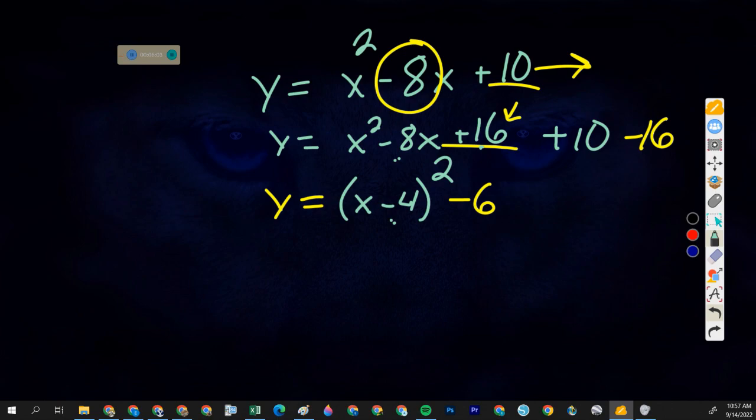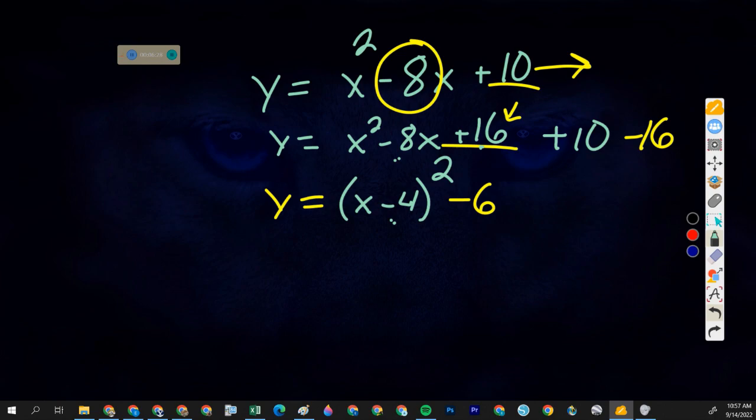And I did that using what is called completing the square. I forced it to be a perfect square and then just adapted that constant on the other side. So where is this graph? Right 4 and down 6. So standard form is really easy to use when you're finding the roots. But vertex form helps you find the vertex.